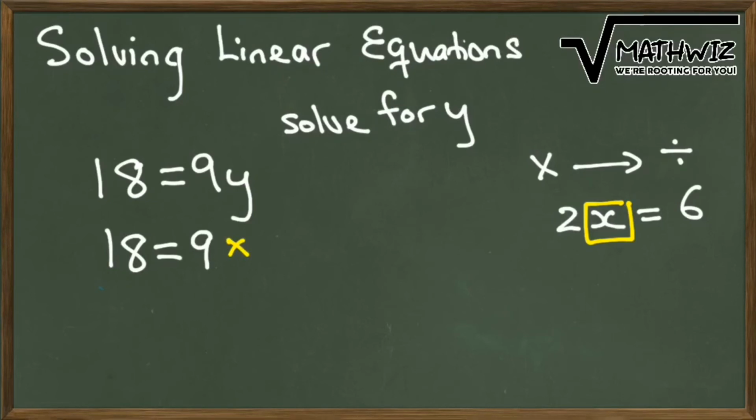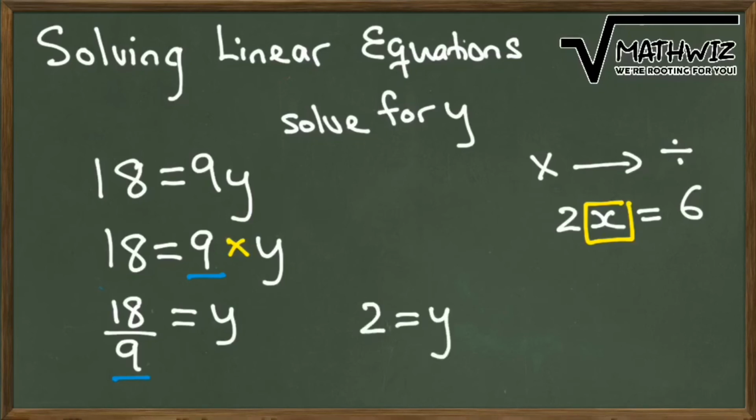So this is still interpreted as 9 multiplied by y. And since the 9 is being multiplied, when we take it across, we divide. Right, and 18 divided by 9 is 2.